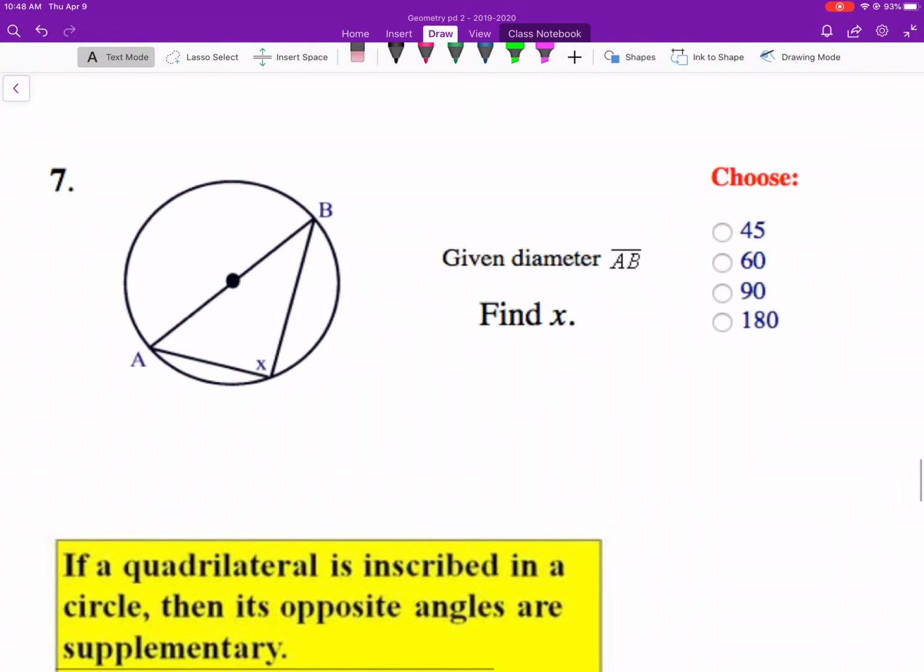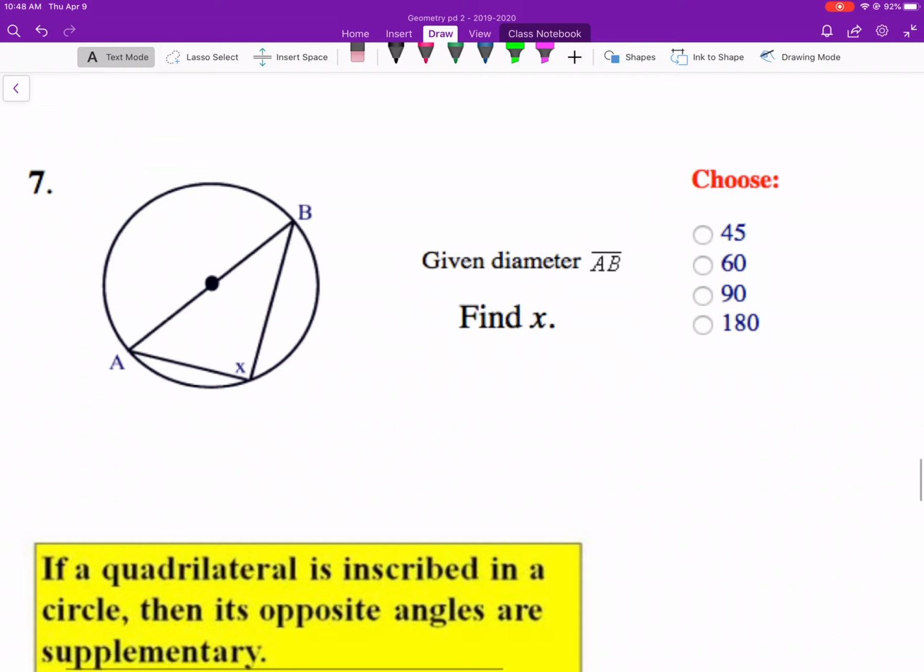Next. All right, given diameter AB, find x. Now this is a relationship you can memorize. It'd be good to, for sure. AB is a diameter. That's half the circle, so right here we have 180 degrees.